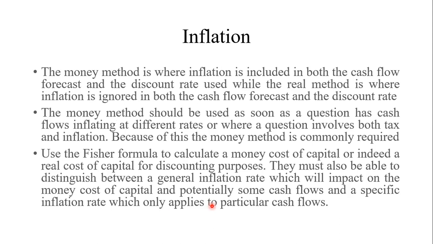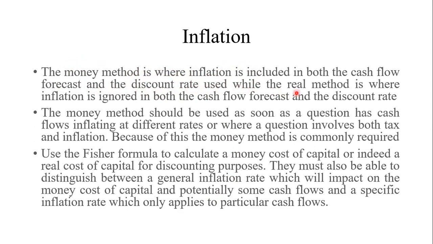So basically, you are given an investment appraisal question where you are asked to use the money method. The money method means that you're going to inflate both the cash flows and the discount rate. You're going to do that to both the individual cash flows and the discount rate that you're going to use to discount your cash flows.